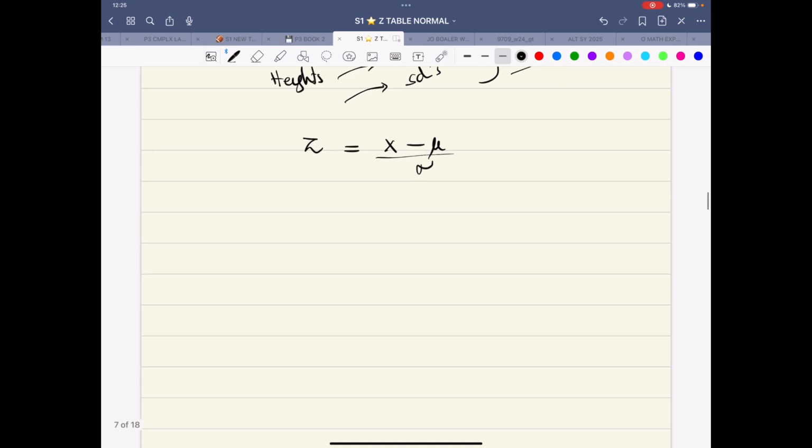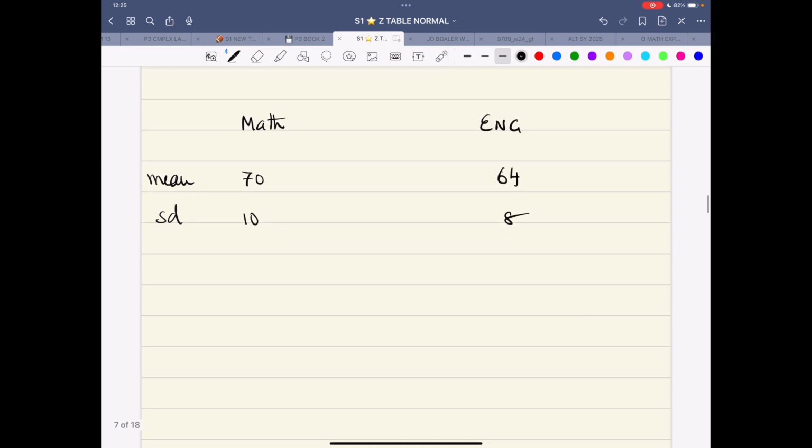Let me give you an example. Let's say you are talking about math and English, and the mean mark in math is 70 and the standard deviation is 10. In English, the mean mark is 64, the standard deviation is 8. There is a student whose raw marks in math are 80, and another student whose raw mark in English is 68.